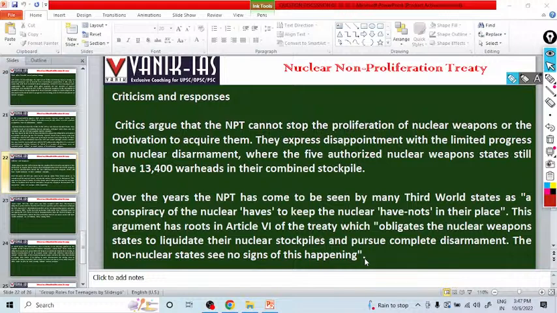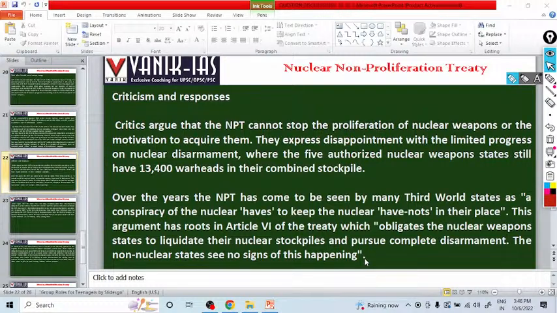Means the nuclear weapon states, as per the treaty, are supposed to liquidate their nuclear weapons and achieve complete disarmament, but this has not been successful since the treaty came into force in 1970. From 1970 till 2022, it is more than 52 years.